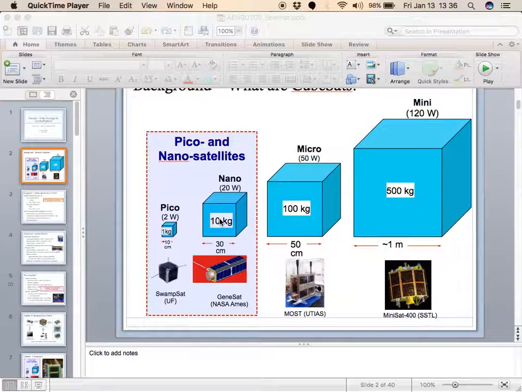Got it? So you know what generally pico and nanoclass satellites are. Everybody's clear? And what small satellites are. We'll focus on pico and nanoclass satellites mostly for this class.